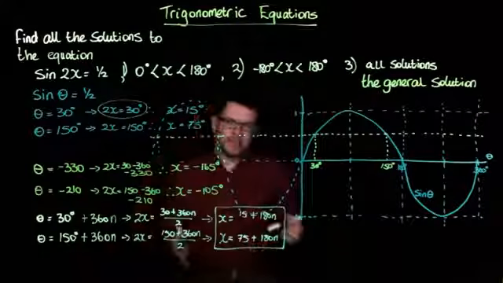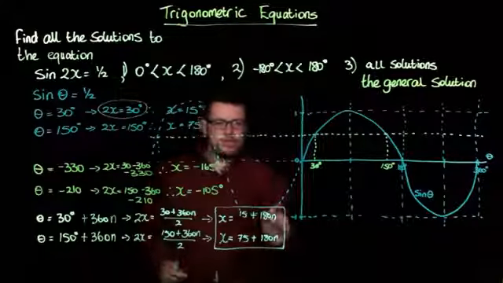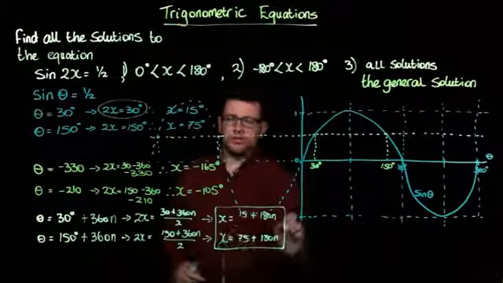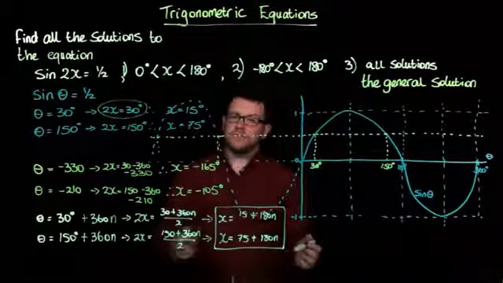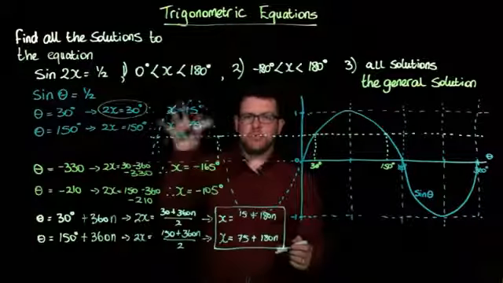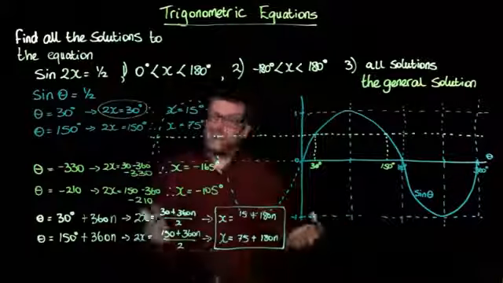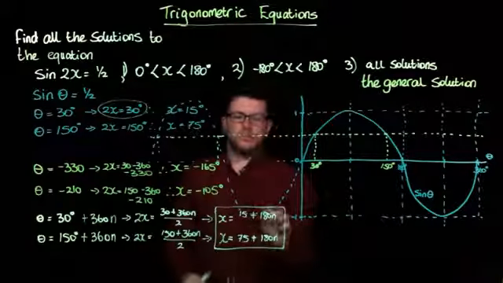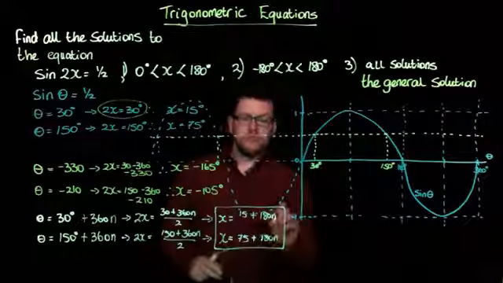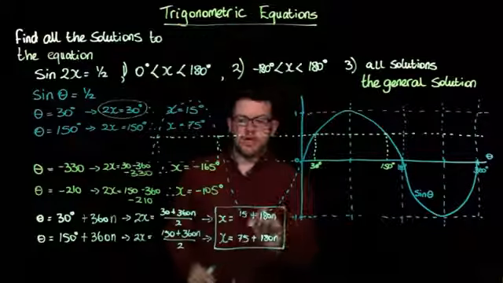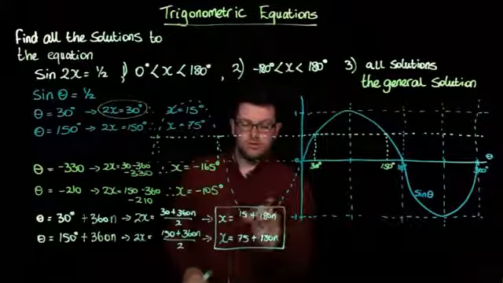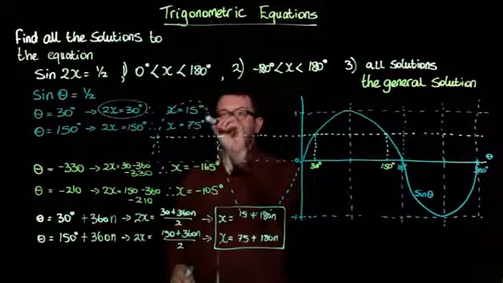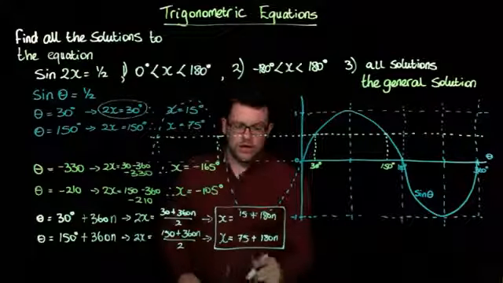An interesting aside to point out is, if I had done the general solution initially, I could have found the solutions for both parts 1 and 2 very easily. If I was looking at part 1, I wouldn't have been adding anything on, so n would have been 0 in both cases. I would have had 15 plus 0 and 75 plus 0, which are these two solutions right here.